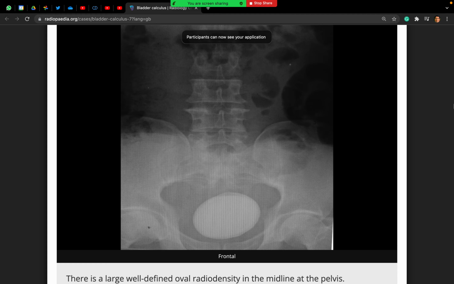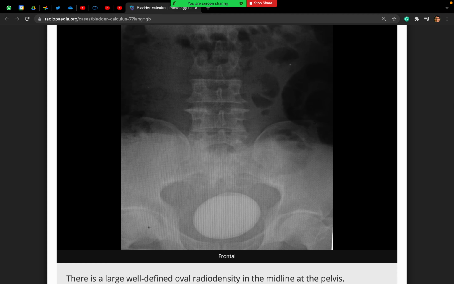Okay. So with a huge bladder stone that I can see on x-ray, possibly up to a 5 centimeter stone in the bladder, this will be difficult to manage endoscopically.